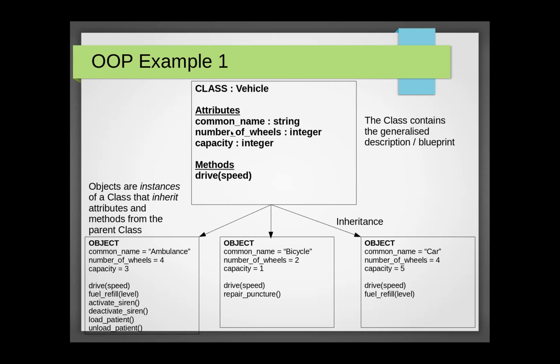And so when we bring these objects into being, we say you are a vehicle, and your common name is ambulance, and you have 4 wheels, and you have a capacity of 3, etc. So this is the blueprint, the class. These are the instances of the class, which are known as the objects. And this process is known as instantiation.